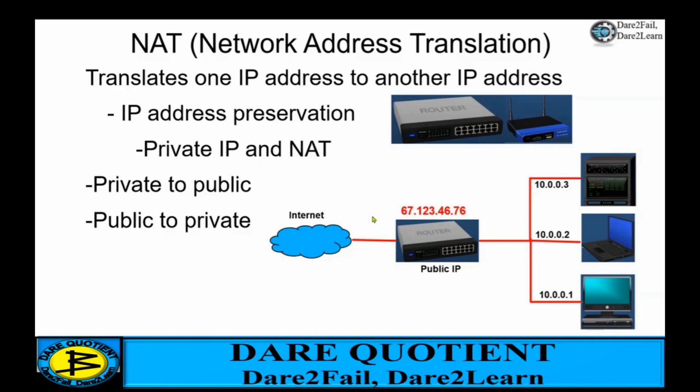NAT, or network address translation, helps reduce cost, given that you would otherwise have to assign each device a public IP address. It also prevents the unnecessary use of public IPv4 addresses, thereby limiting the waste of IP addresses.